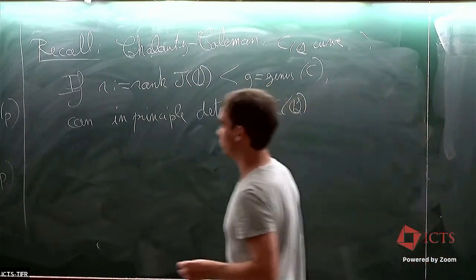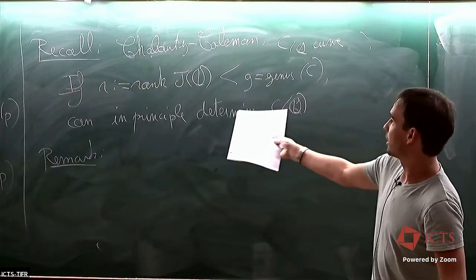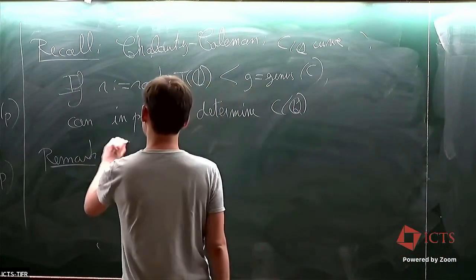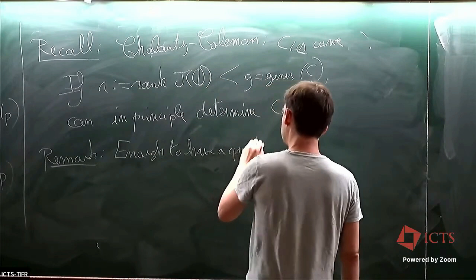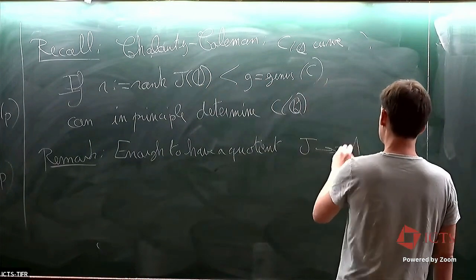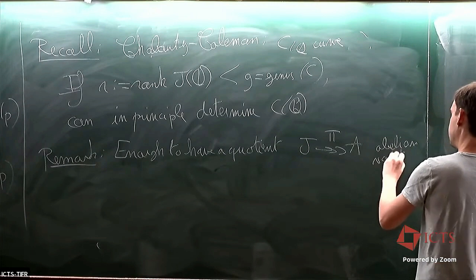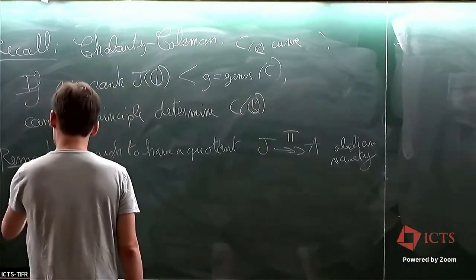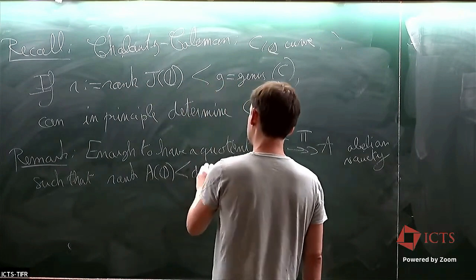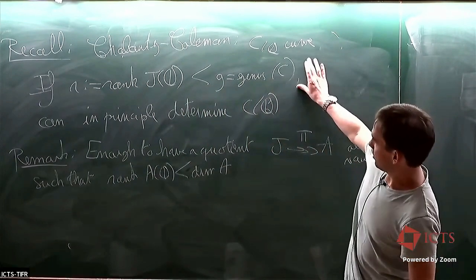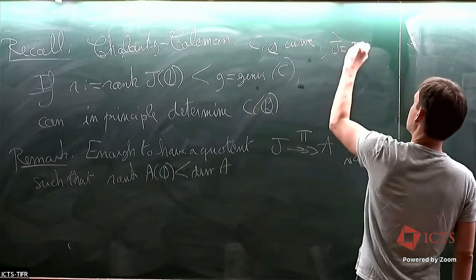Okay, I just do a remark here. Actually, you don't really need the whole rank of the Jacobian to be less than the genus. It's enough to have a quotient abelian variety A here, such that the rank A of Q is less than the dimension of A, which is the same thing as here, if you remember that g is also the dimension of the Jacobian J. Yes.